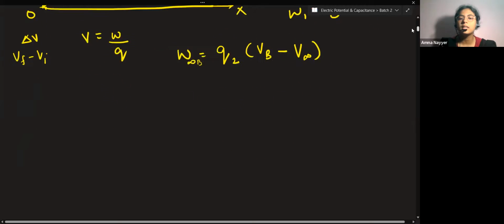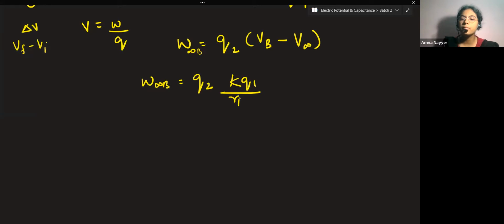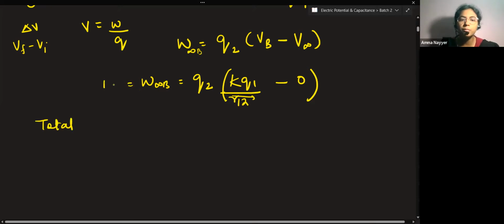Now see, if we write the work done in carrying Q2 from infinity to this point B, Q2 is the charge, VB is K Q1 divided by R12. Minus this, potential at infinity is always 0. So this whole work done that we are calculating is W2.